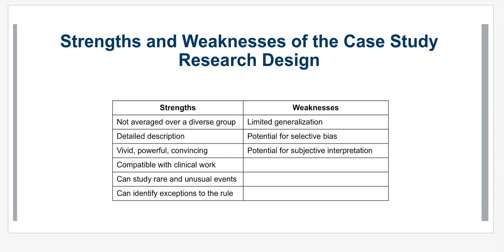You're also getting a very detailed description, much more detailed information than you get from any of the other research strategies or designs. It's also very vivid, powerful, and convincing, of course, because it is a lot of information.